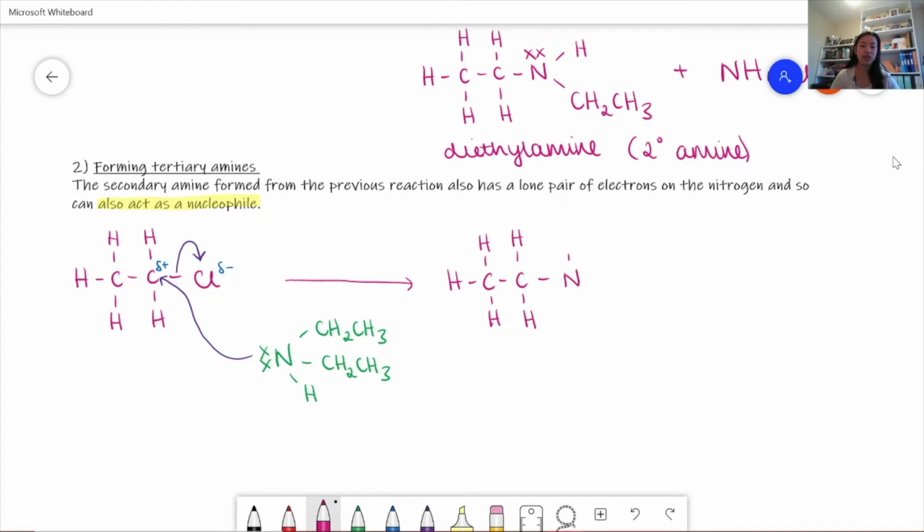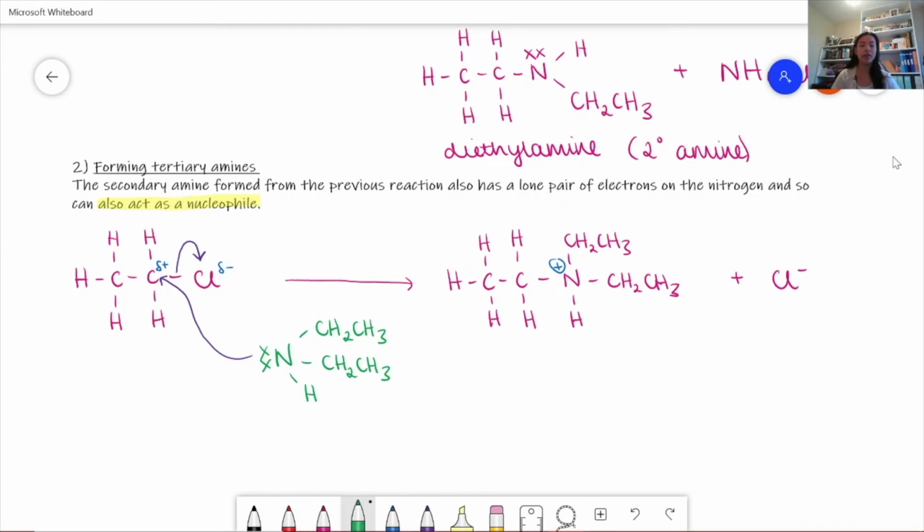So we have a nitrogen with an ethyl group, and then another ethyl group, and also a hydrogen. And again, we form this Cl minus. Another thing that we need to remember is the positive charge on the nitrogen, because we've donated the electrons to the carbon to form that covalent bond with it.